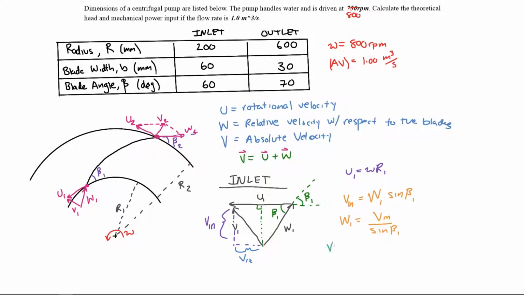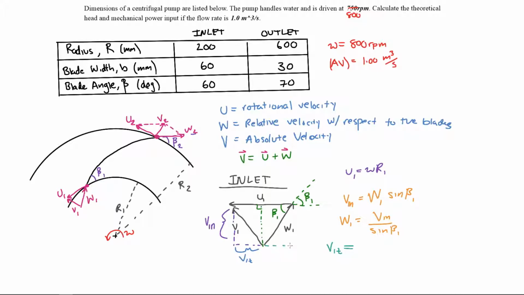Therefore, we could define V1 tangential. If you project V1 onto the horizontal axis, so to speak, that'll give us V1 tangential. However, we don't have V1 tangential, so we could use these two other velocity vectors to find it.